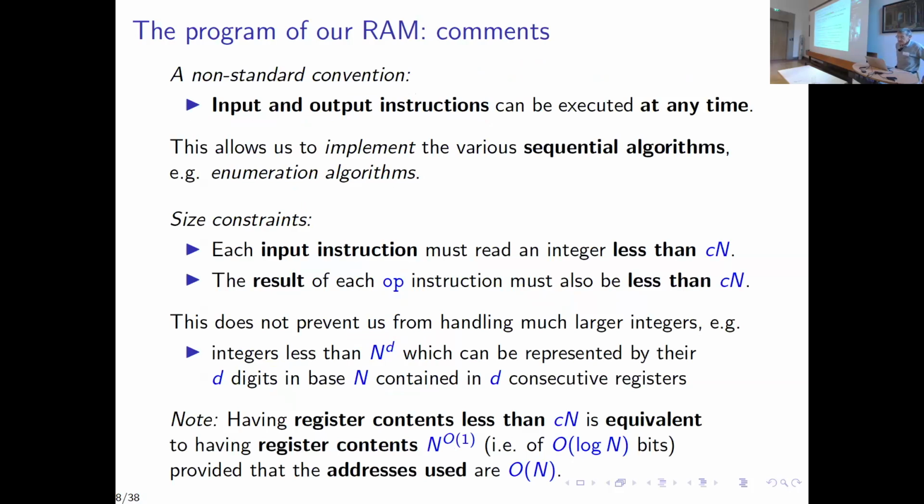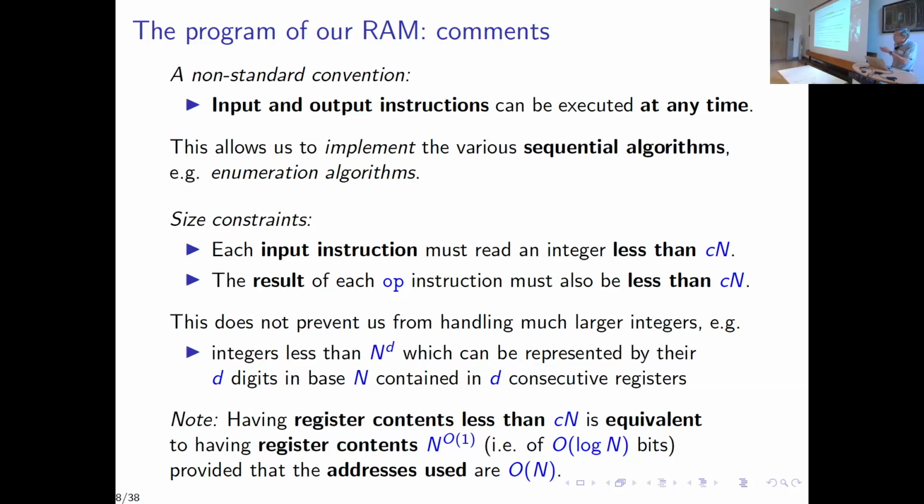So I insist input and output instructions are executed at any time. So we have 5 constraints I've mentioned. Input must be less than Cn, linear, and the result also should be less than Cn. If not, it's forbidden. Overflow.